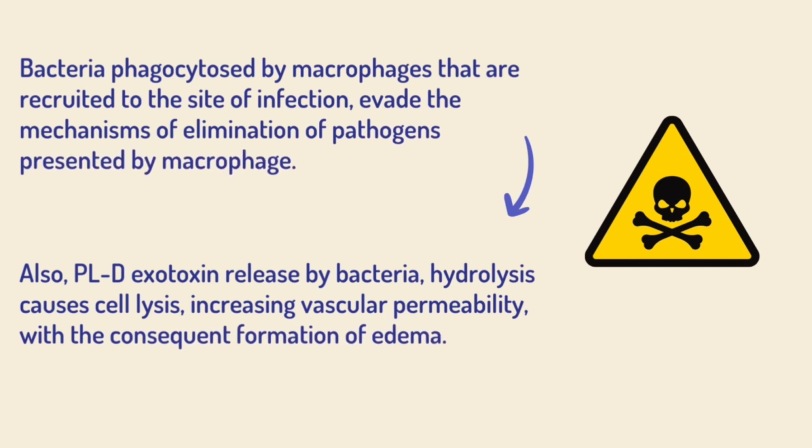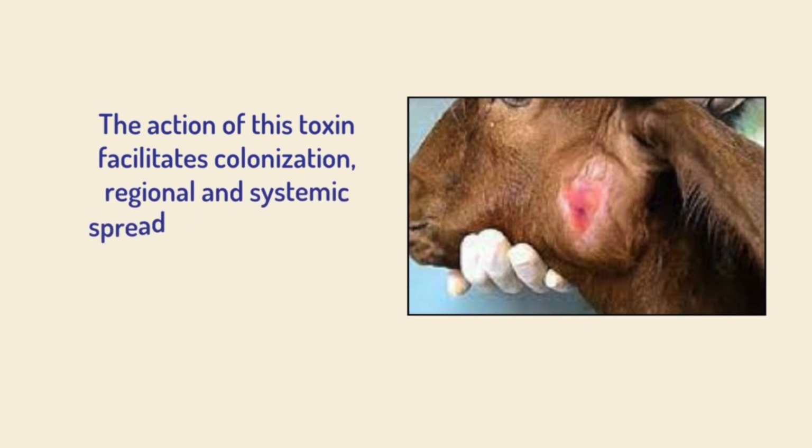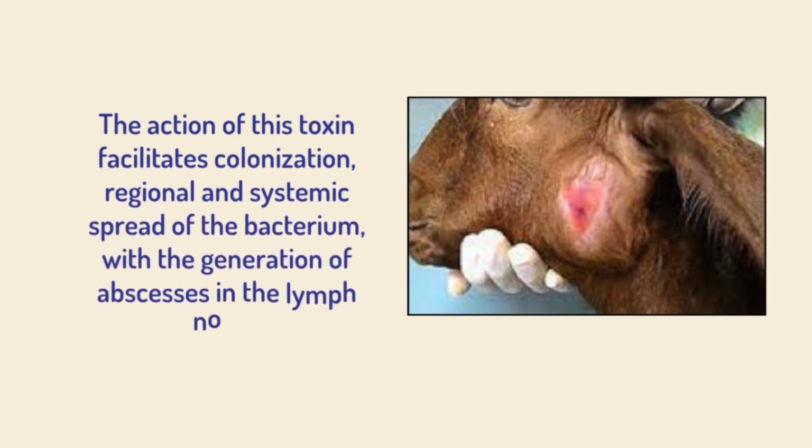Also, the PLD phospholipase exotoxin released by the bacteria hydrolyzes and causes cell lysis, increasing vascular permeability with the consequence of edema formation. The action of this toxin facilitates the colonization, regional and systemic spread of the bacteria, with the generation of abscesses in the lymph node.